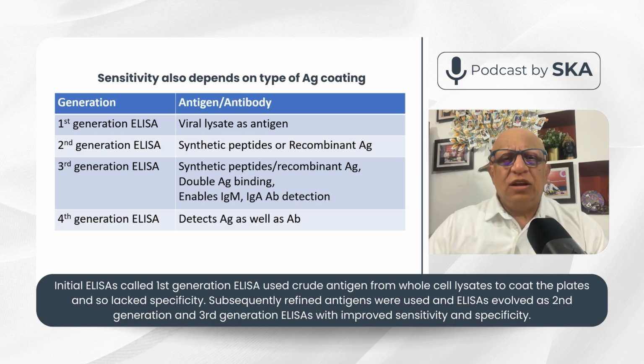In the life cycle of an organism, the antigen is present in circulation only when the organism is replicating. It may be a virus or bacteria or anything.